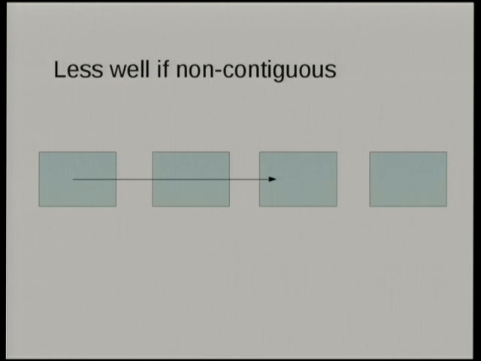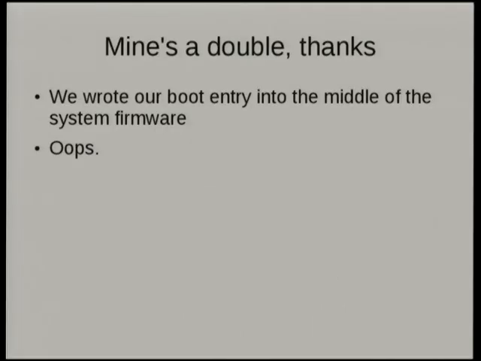And in fact, when we were trying to set the boot variable that pointed to our bootloader so that when you reset, the system would boot Linux, we were instead actually writing that ASCII string into the middle of the boot firmware. And this is considered problematic, since the system then stops booting forever.